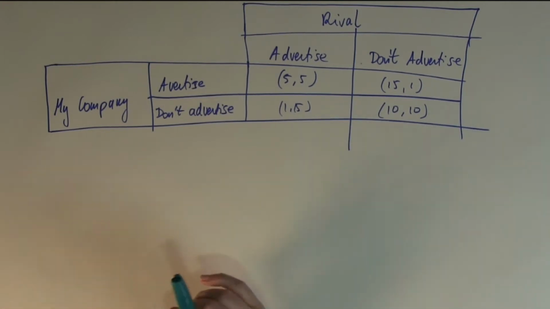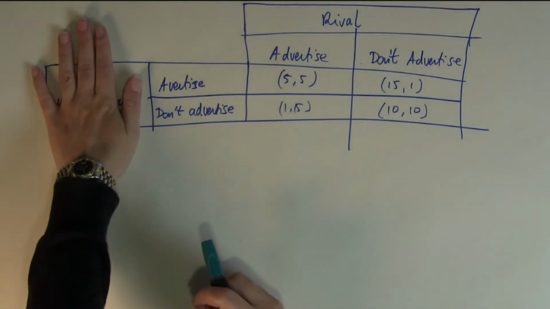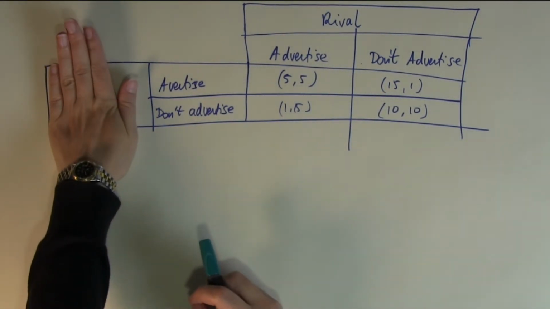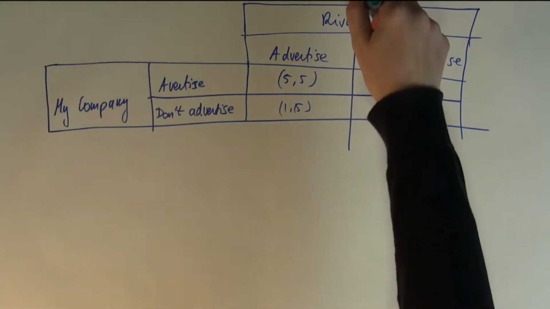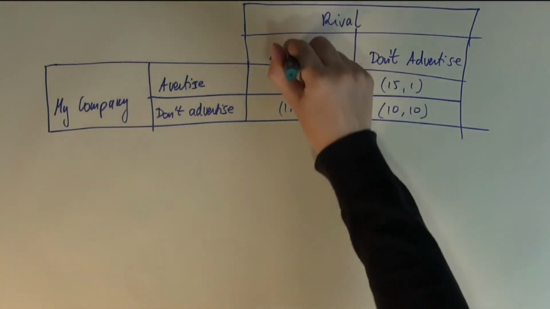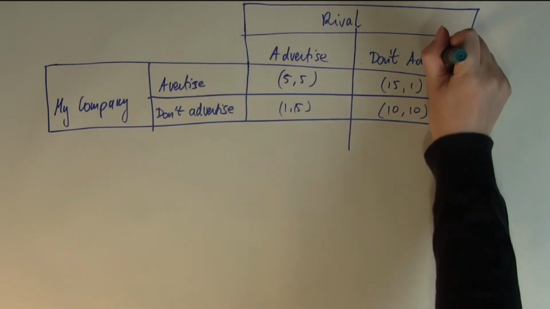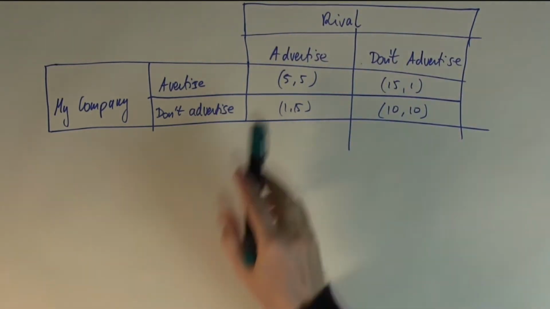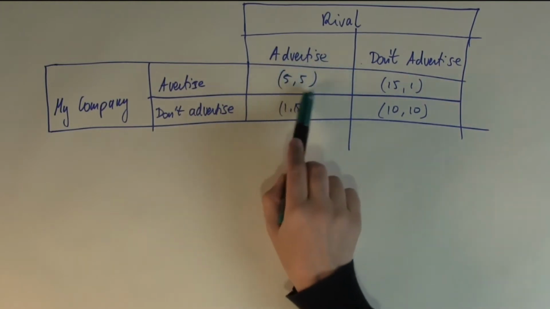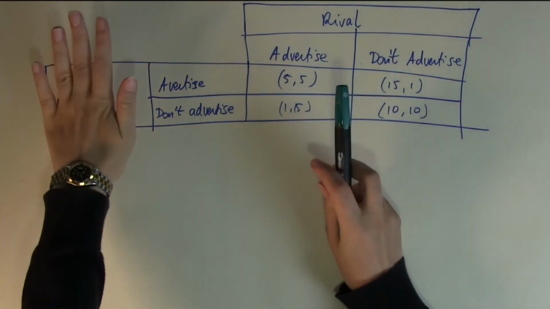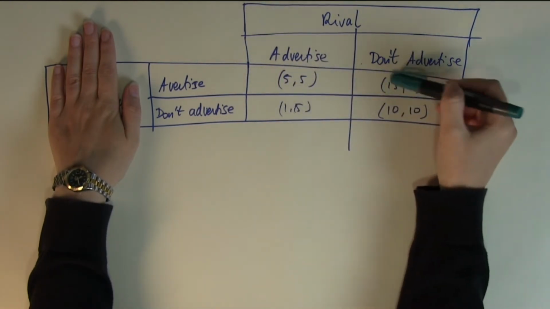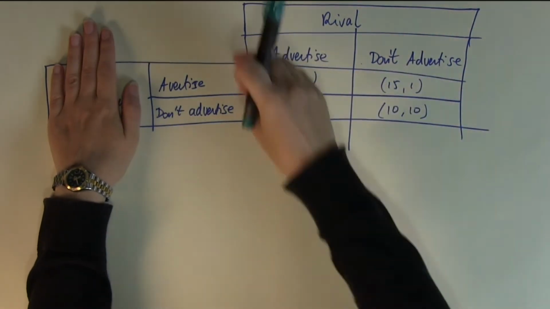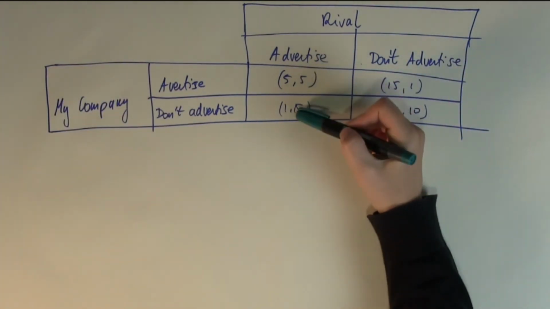How to read this table? This is me, this is my company, and I can either advertise or not advertise. And this is the rival, and the rival can again advertise or not advertise. What's important in here is that in all of these ordered pairs, whoever is on the left-hand side is always the first number, and whoever is on the top is always the second number.